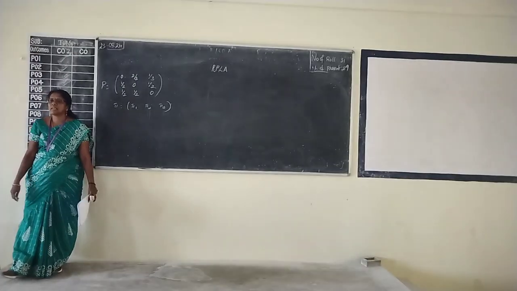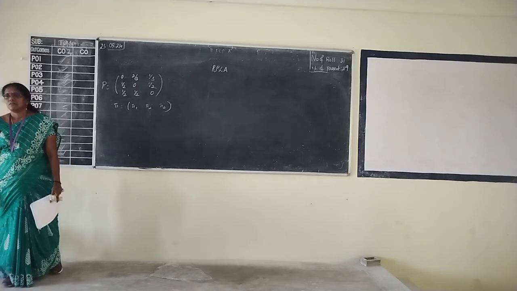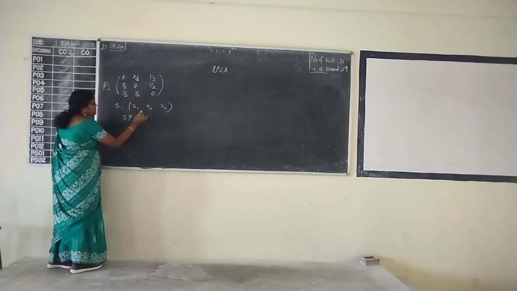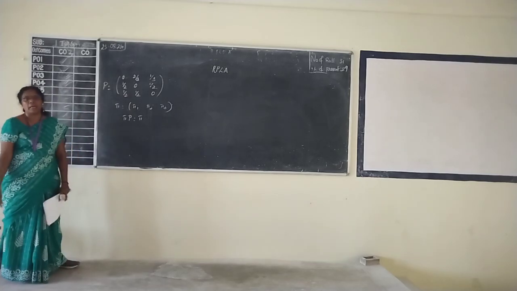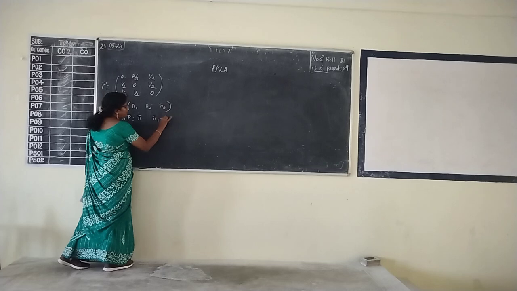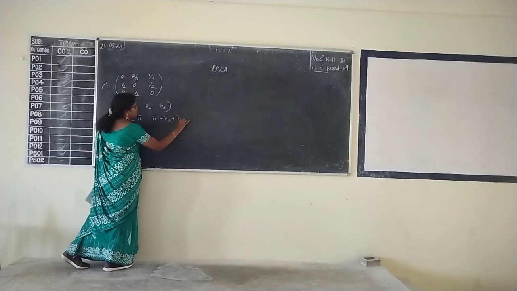By property, pi P is equal to pi, and pi 1 plus pi 2 plus pi 3 equal to 1.